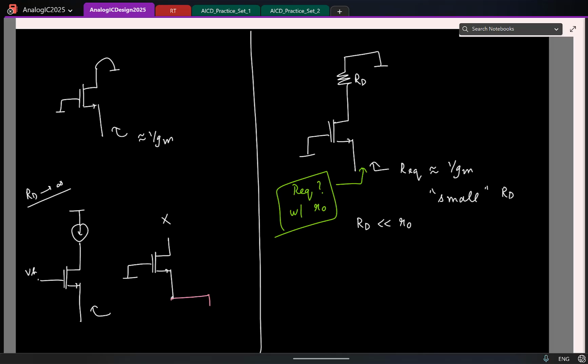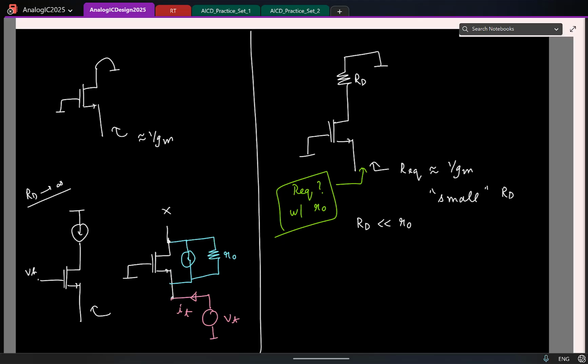So again, I'll do the same thing. I'll apply a test voltage, find the test current. For small signals, it is basically a voltage controlled current source, and this is an open circuit. So how much will be the small signal test current in this case?